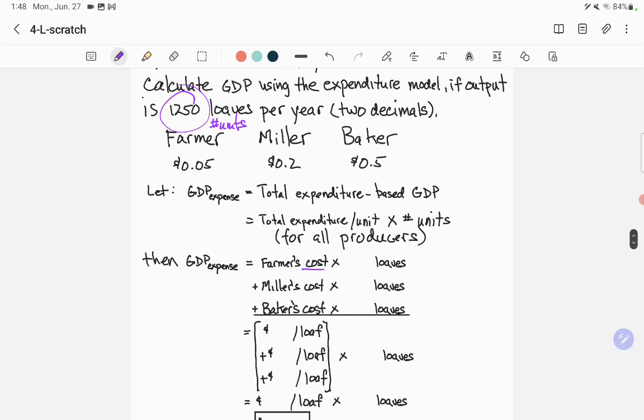Farmer's cost, cost for miller, cost for baker, just to keep it in front of you. Because during a test or a quiz, you get confused. If you write down which each variable is, then you just put them into the equation, boom, you're done.